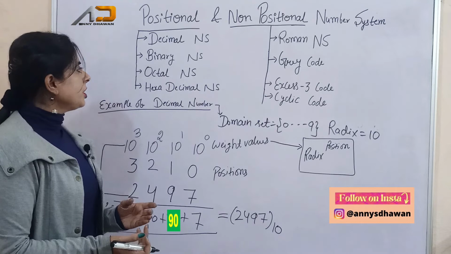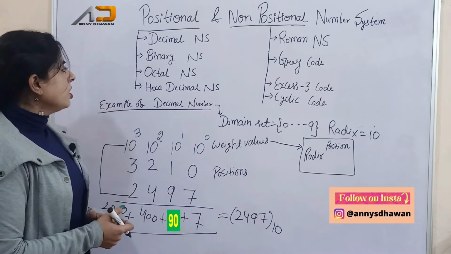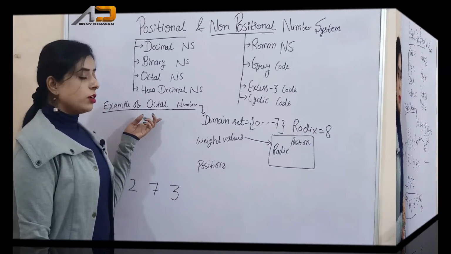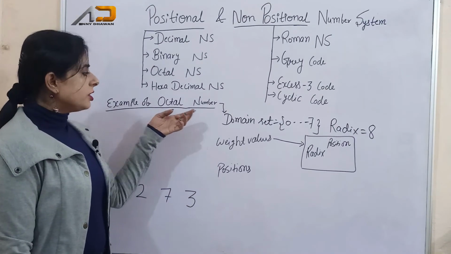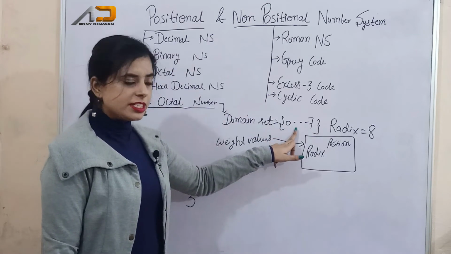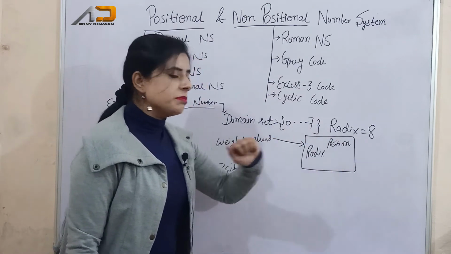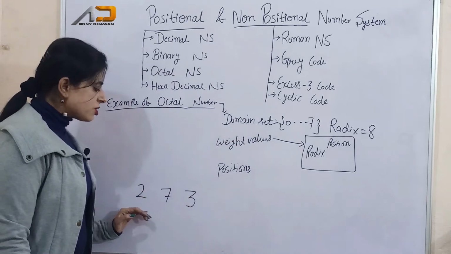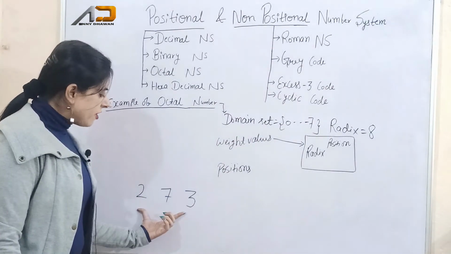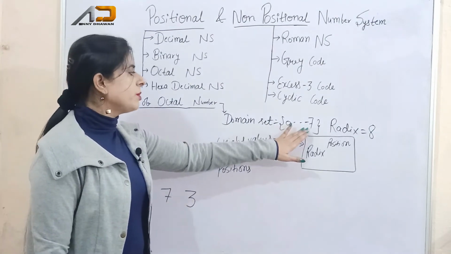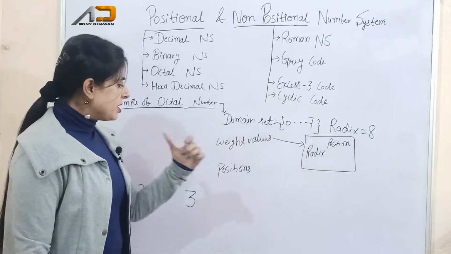Now I am going to take one more example of octal number system. All of you already know that the domain set of octal number system includes 0 to 7 digits and the radix of the octal number system is 8. I have written a number here that is 273 and it's a valid octal number as all the digits belong to the domain set of octal number system.